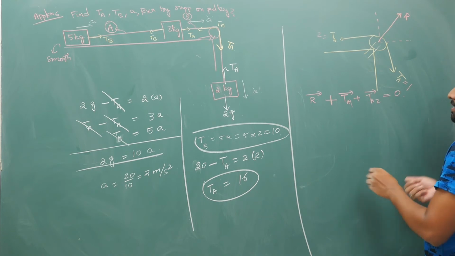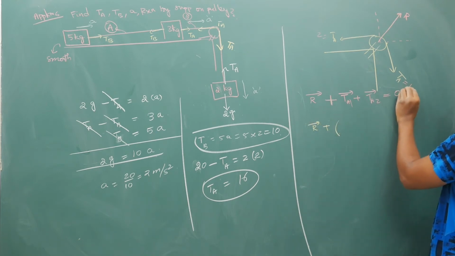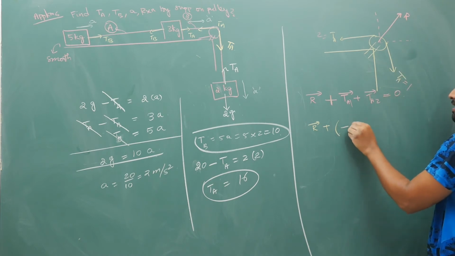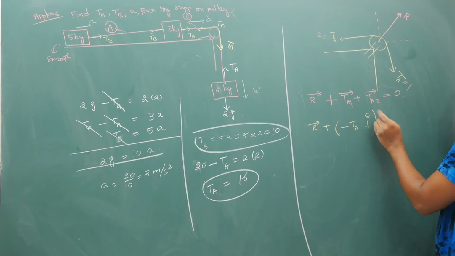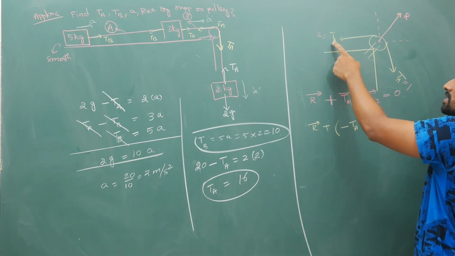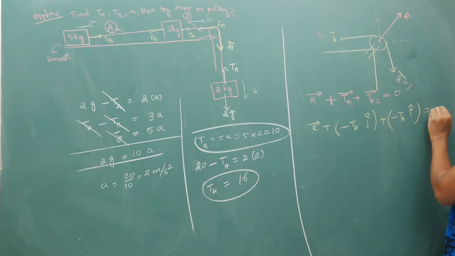So indirectly your reaction R bar plus, what is this first force, because it is downwards, I can simply write it as minus TA j cap plus your TA2, this force is towards left, so that will become minus TA i cap, this must be equal to 0.